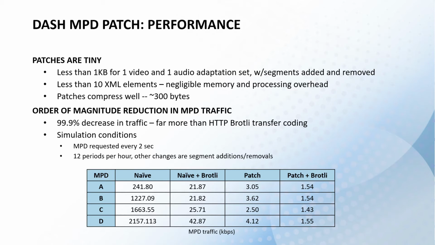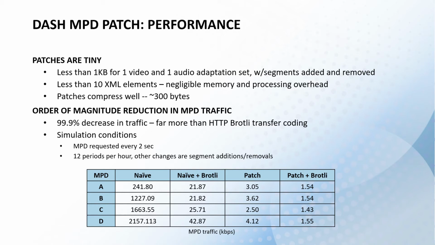Now, they also compress well, and if you look at the actual numbers, the performance improvement is fairly amazing. We start with a naive approach. Again, let's take the extreme, 2157 kilobits. If we just do compression, we get to 43 kilobits.